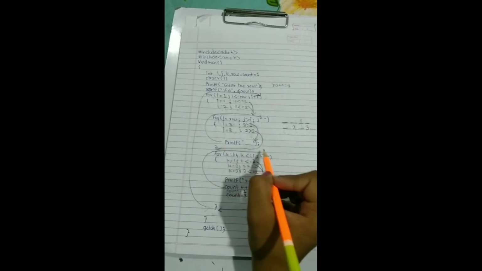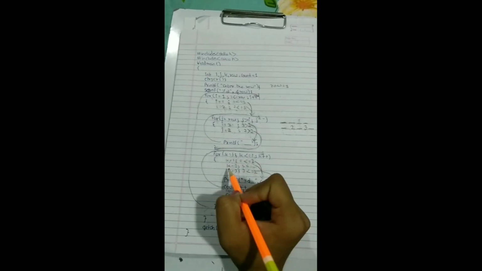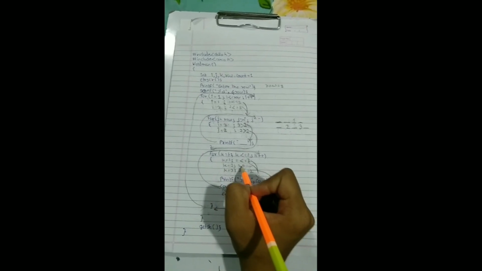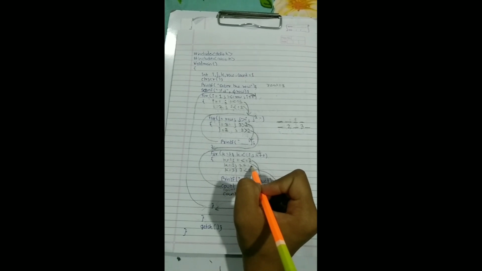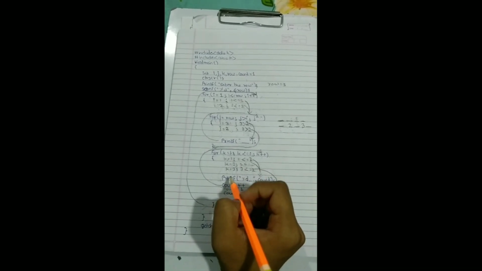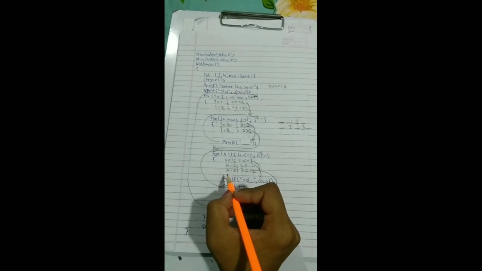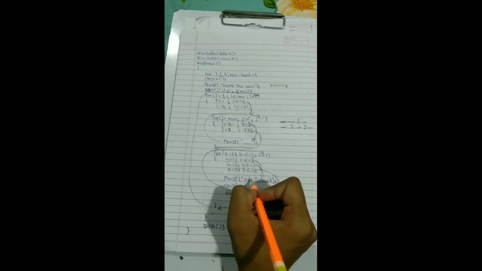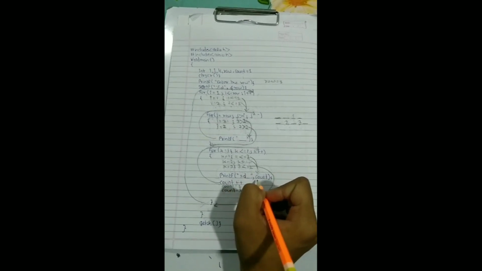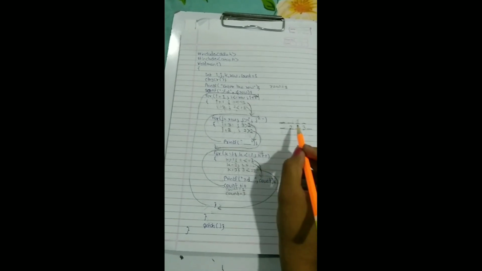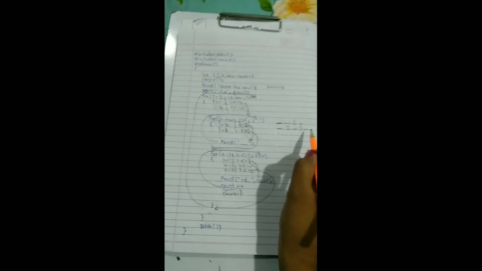Then the k increment is taken here, therefore the value of k becomes 2. Then the condition is checked: 2 less than or equal to 2. As this condition is true, it again goes inside the body. Then in its body, printf in double quotes %d space, comma count, therefore the value of count is equal to 3, and 3 and a space is printed here.